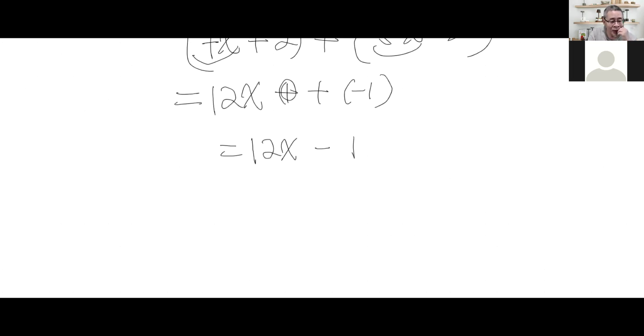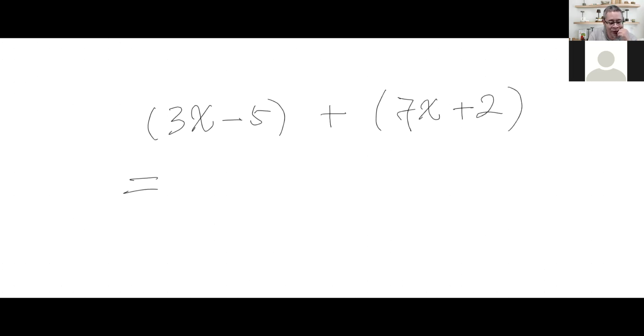Now, we could also have, say, 3x minus 5 plus 7x plus 2. And then first of all, we just open up the parenthesis. Now we see that 3x and 7x are like terms.